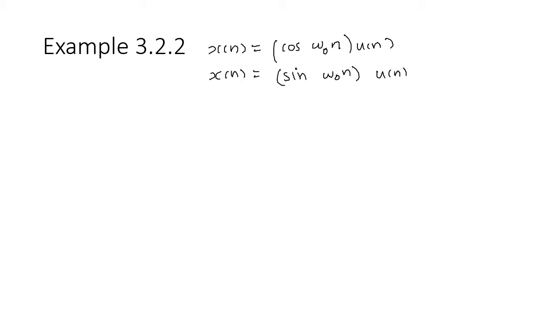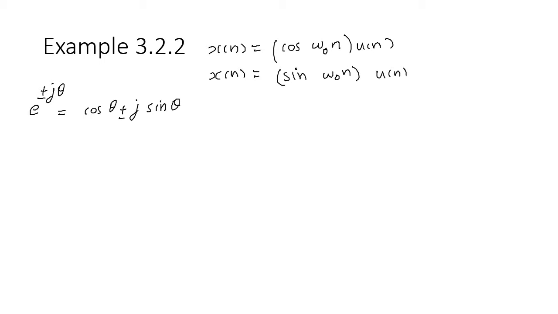So we make use of Euler's identity, e raised to plus or minus j theta is equal to cos theta plus or minus j sine theta.